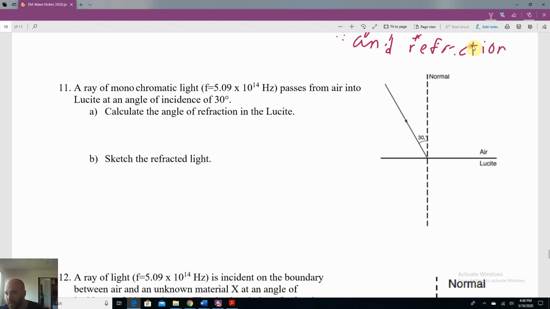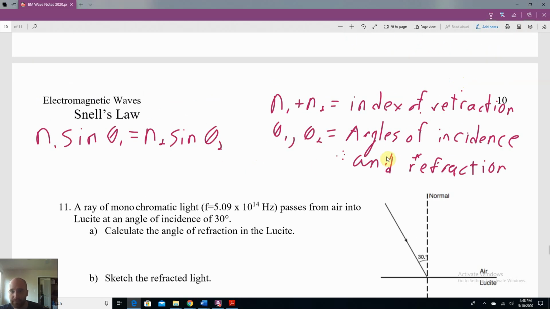These are our two angles here. So we've got material number 1, material number 2. N1 and N2 stand for the index of the first material and the second material, and then theta 1 and theta 2 stand for the angles in the two materials.